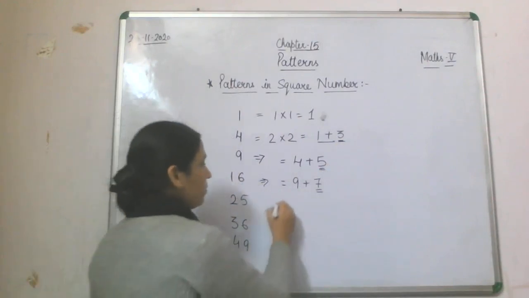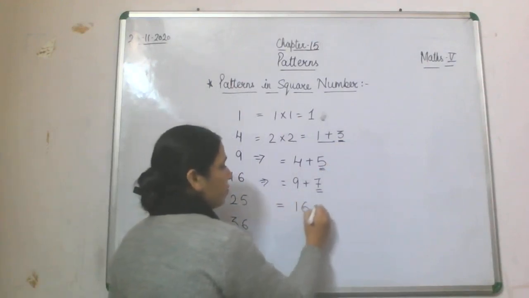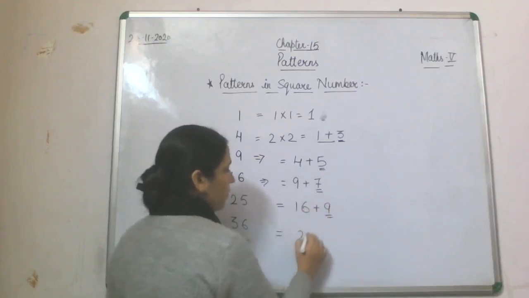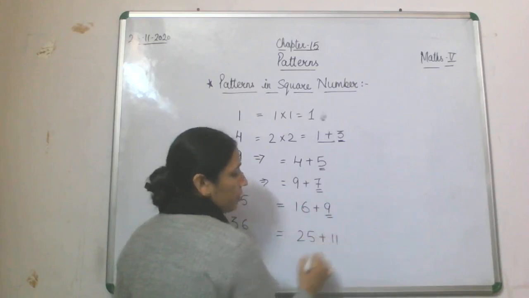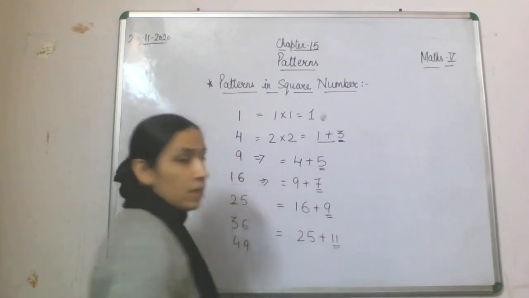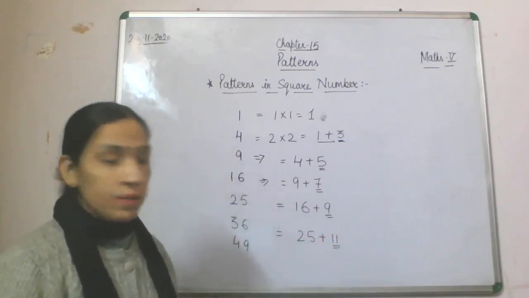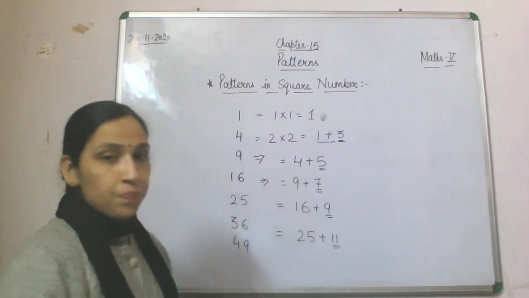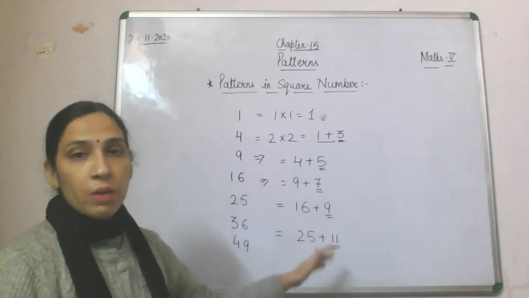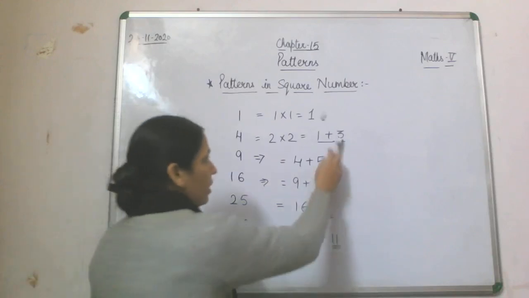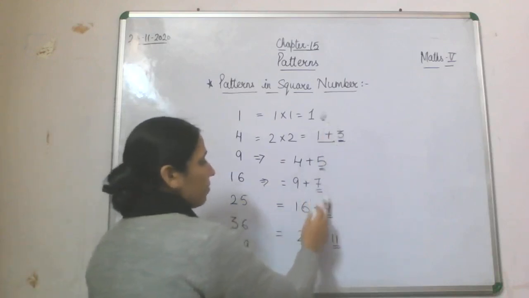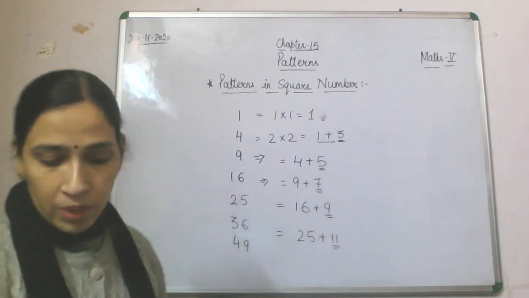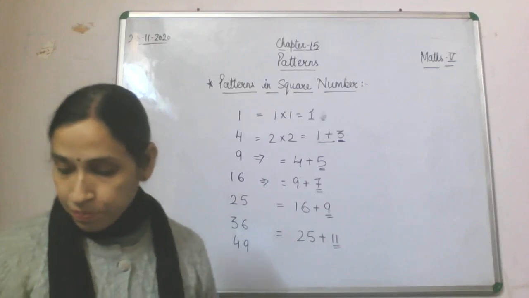Then next will be 16 plus 9. Then next will be 25 plus 11. So to the previous square number, we were adding odd numbers, that is 1, 3, 5, 7, 9, 11 and so on.